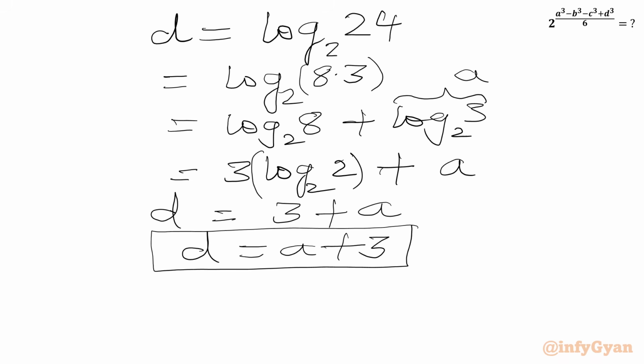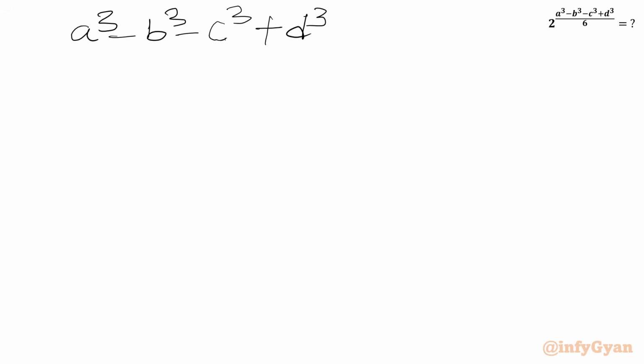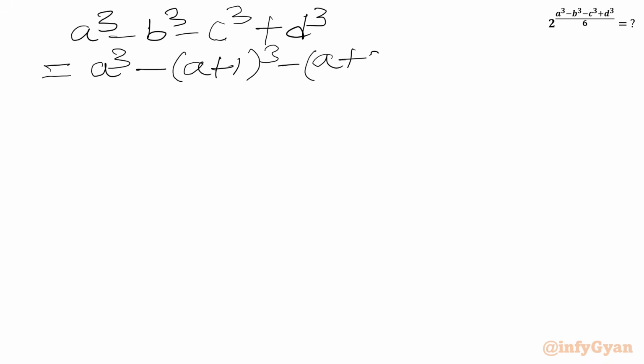Now we have to calculate the numerator of the exponent, a cube minus b cube minus c cube plus d cube. So let me write here the a cube minus b cube minus c cube plus d cube value. So we will write equal to a cube, b was 1 plus a, so I will write minus (a plus 1) whole cube, minus c was a plus 2, so we will write (a plus 2) whole cube, plus d was a plus 3.